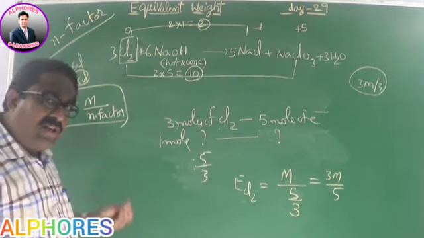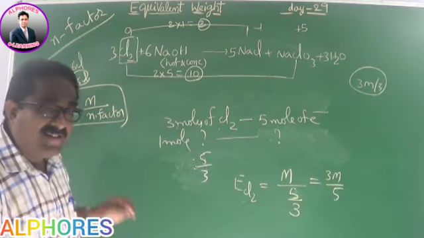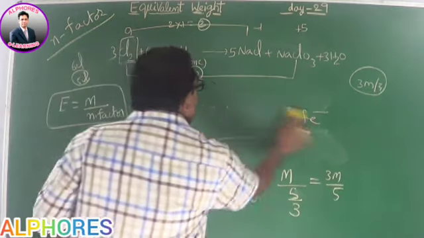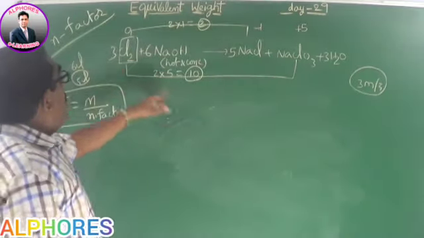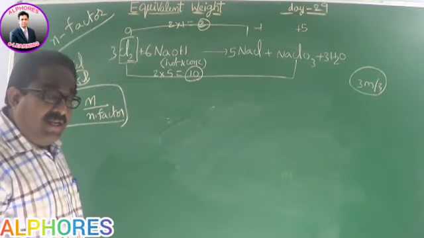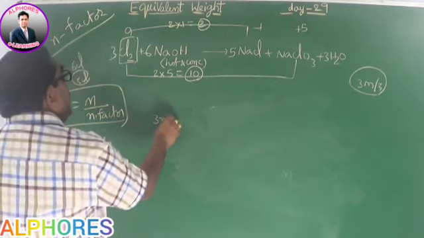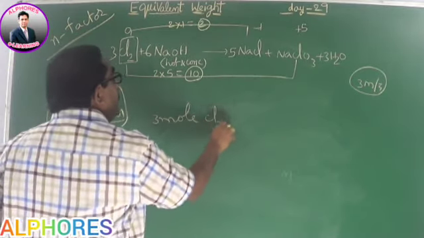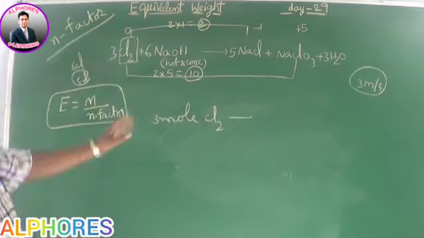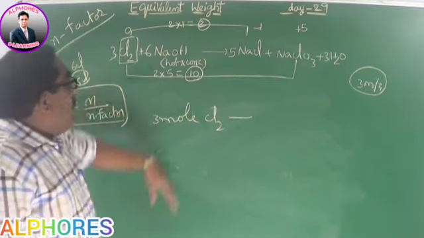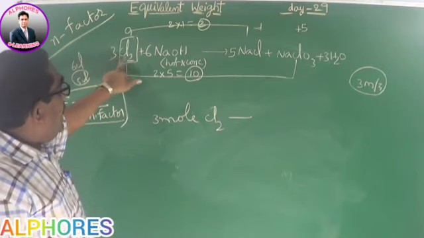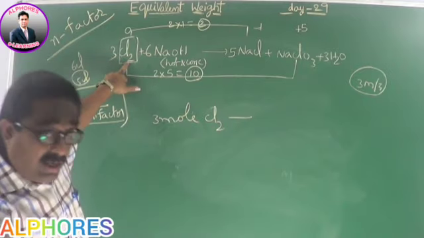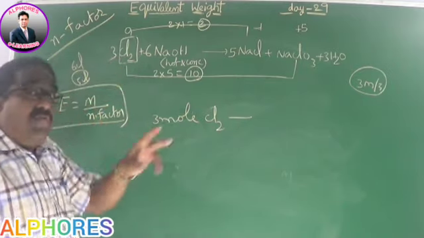Anyway, I will repeat once again, students, this conceptual approach. Please concentrate. Total how many moles of chlorine are there in the balanced chemical equation? I am writing 3 moles of chlorine. How many moles of electrons are utilized? Take out the common factor, total 5, because 3 moles of chlorine molecules means 6 moles of chlorine atoms.